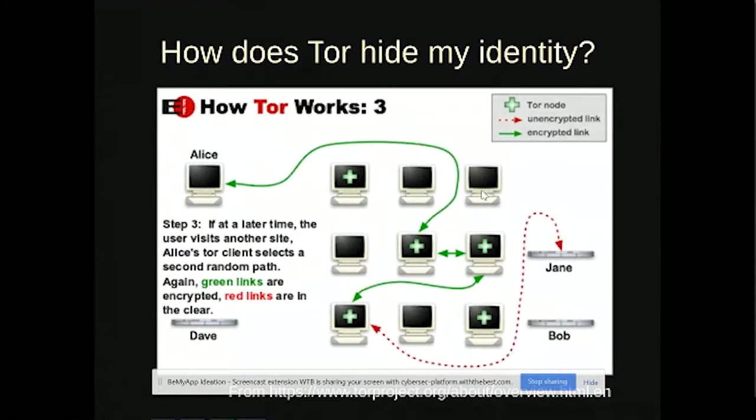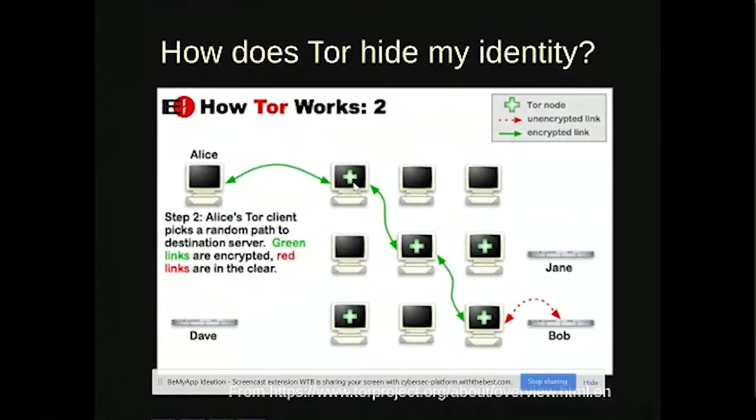And part of the design is that each connection between 2 nodes is encrypted. So when I first make a connection to the first relay, that's encrypted. When I make another connection to the second relay, now there are 2 layers of encryption.